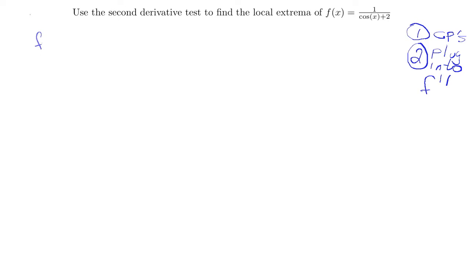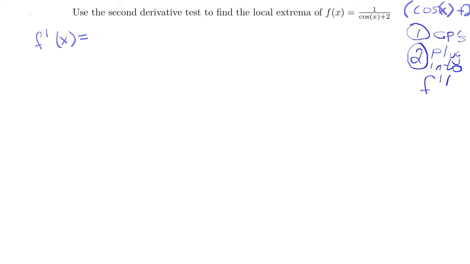So the first derivative, we can either use the quotient rule, or we can bring this up on top as cosine of x plus 2 to the negative 1, and use the chain rule.